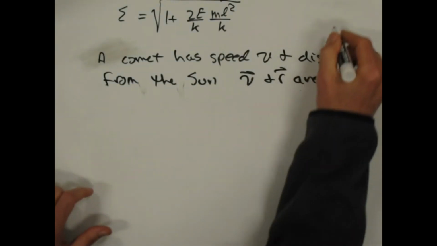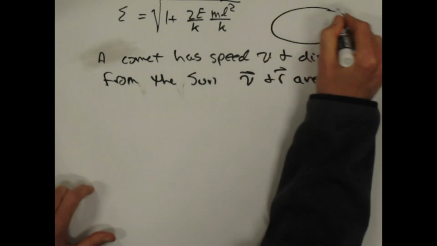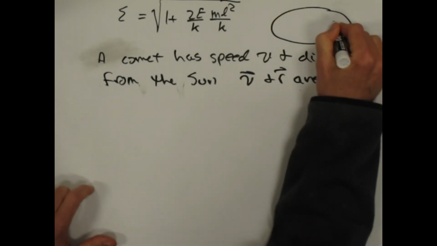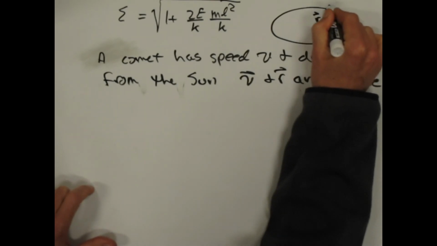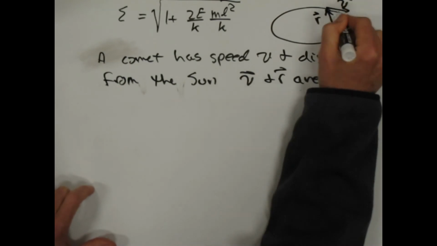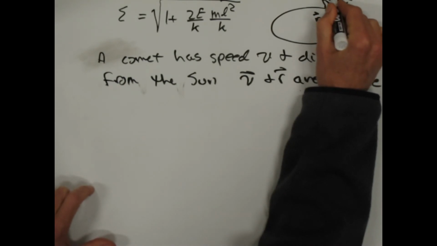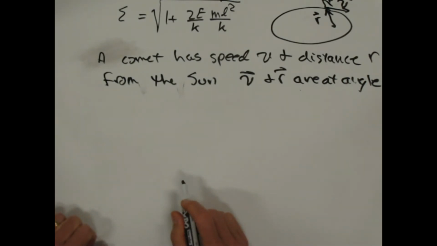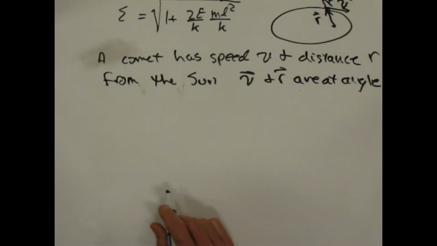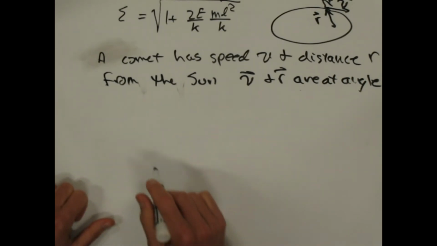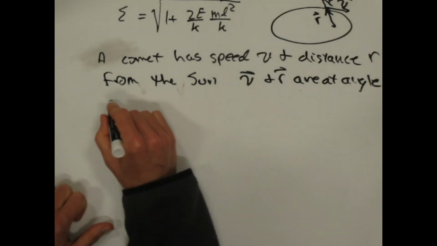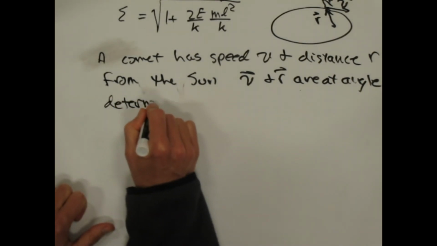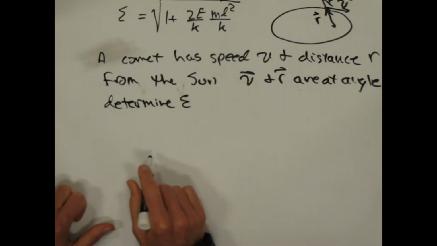In other words, if I have an orbit here, right, here's the sun, that's r, and that's v, and the angle between them, which I guess is this angle, would be phi, right? And so the question is, determine the eccentricity E of the orbit.